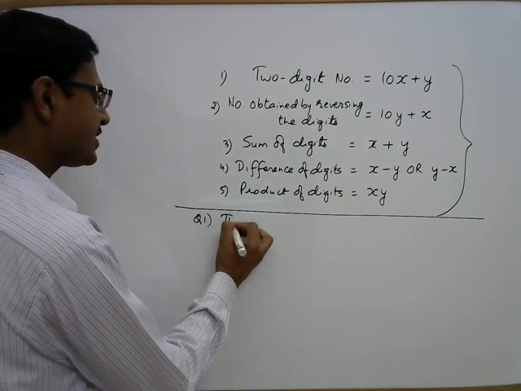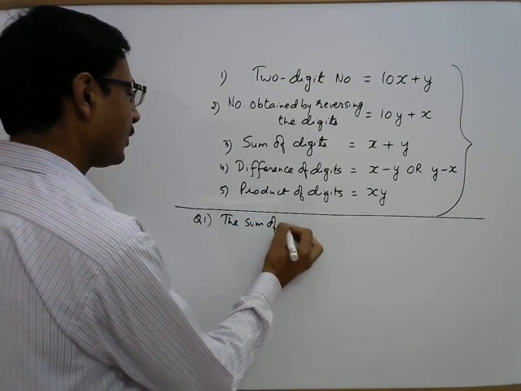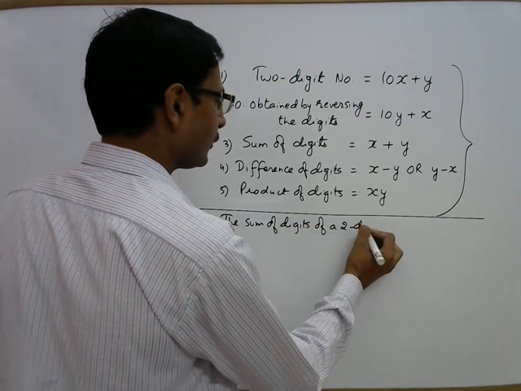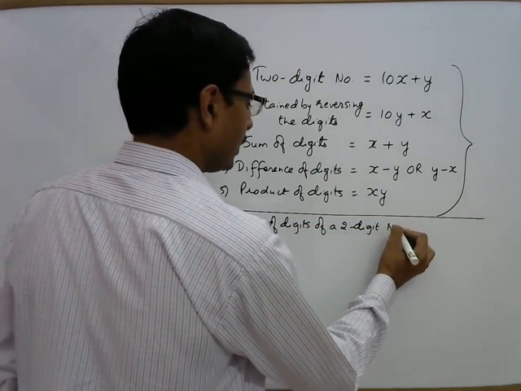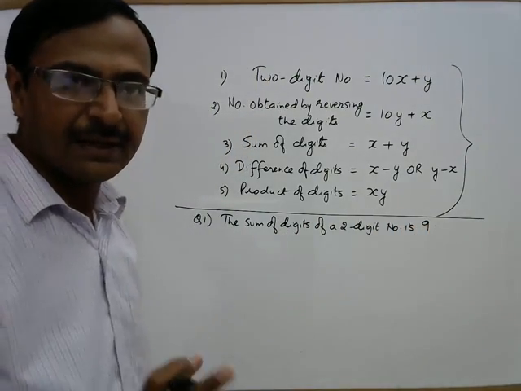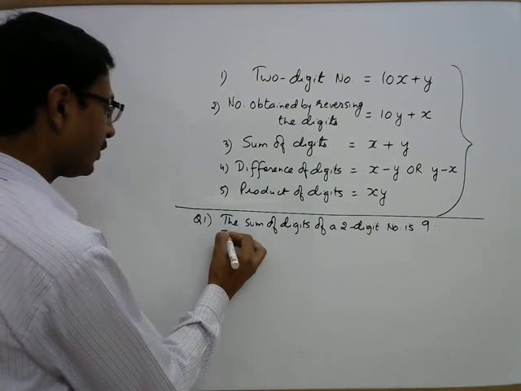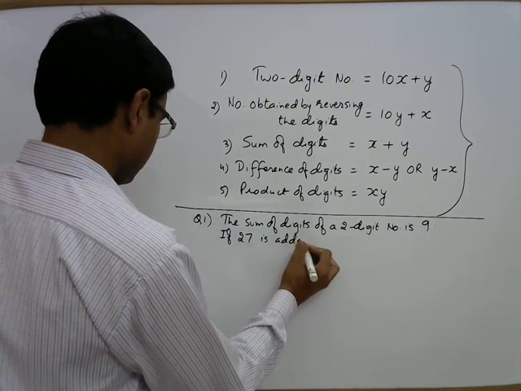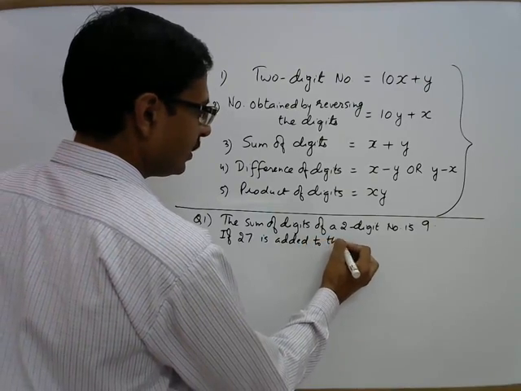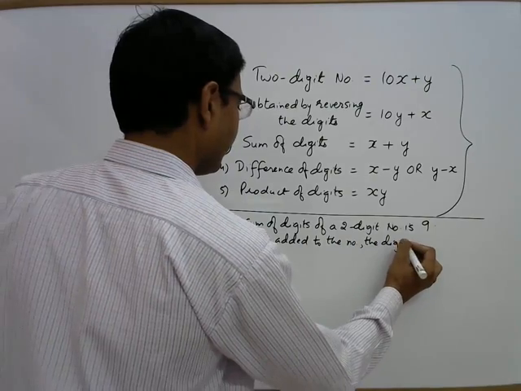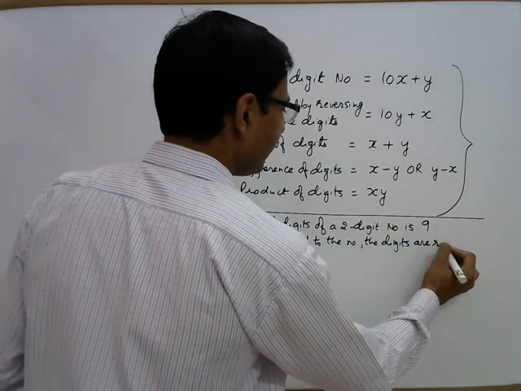The sum of digits of a two-digit number is 9. The sum of digits is 9. If 27 is added to the number, the digits are reversed.